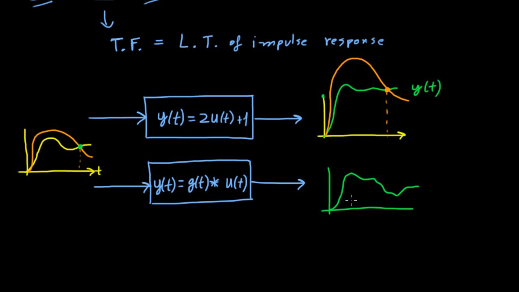Whereas in this case, the fact that the two inputs coincide at some point doesn't really matter concerning whether the outputs are the same or not. Maybe this is the output to the second input, and at that point of time they don't have to be the same.